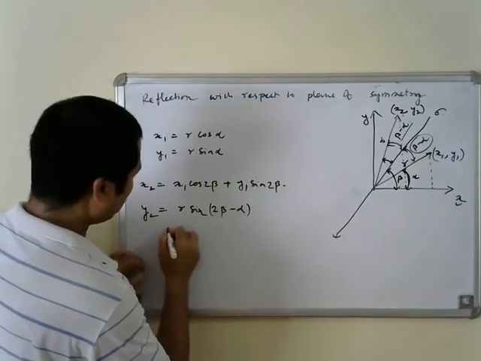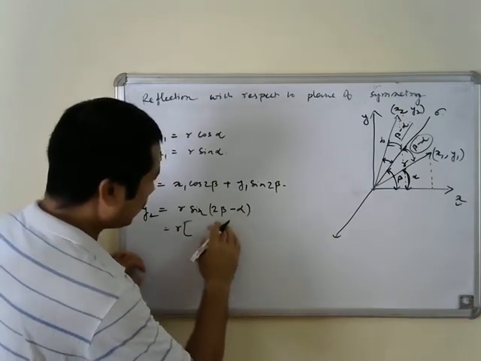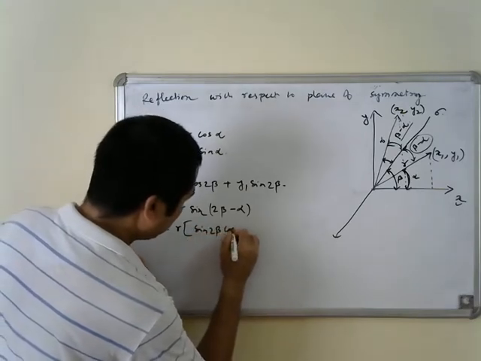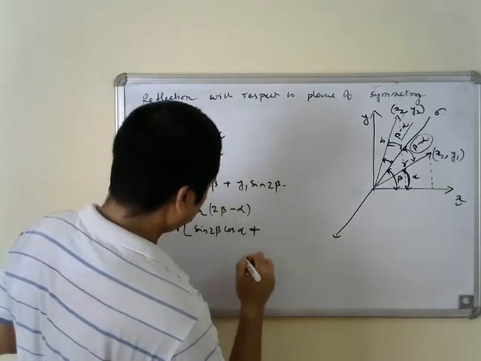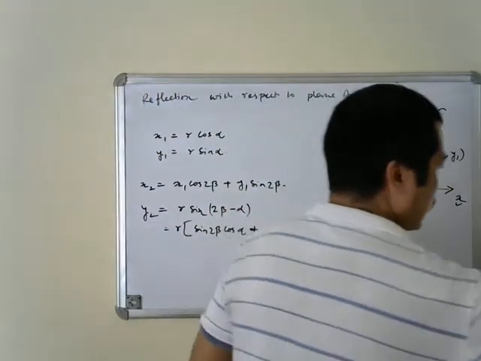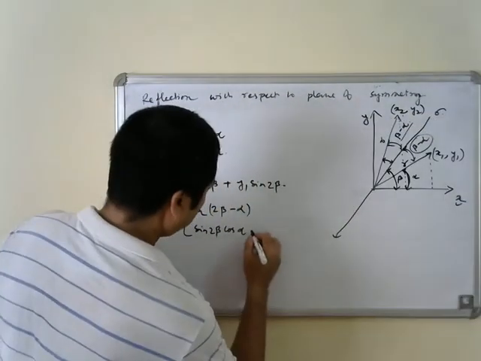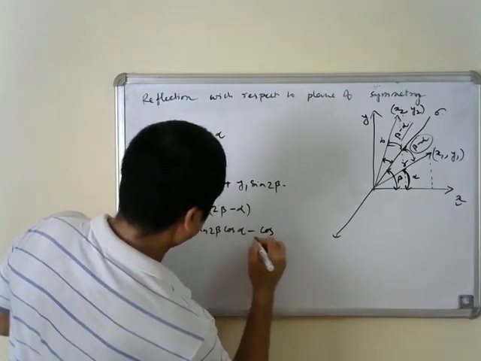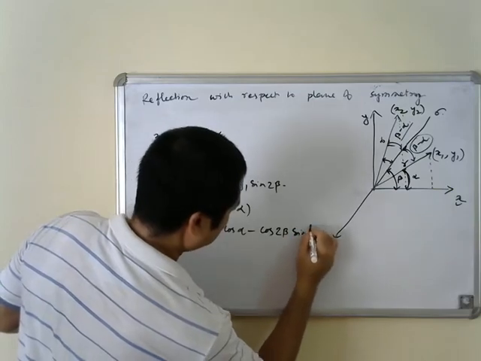So if we expand sine a minus b, we get r times sine 2 beta cos alpha minus cos 2 beta sine alpha.